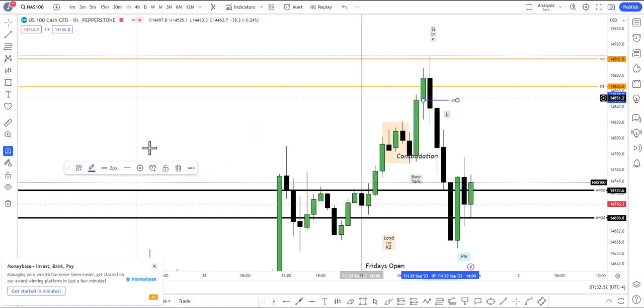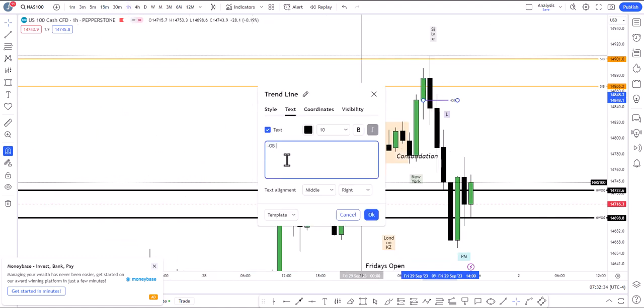What was that? That was an hourly bearish order block.